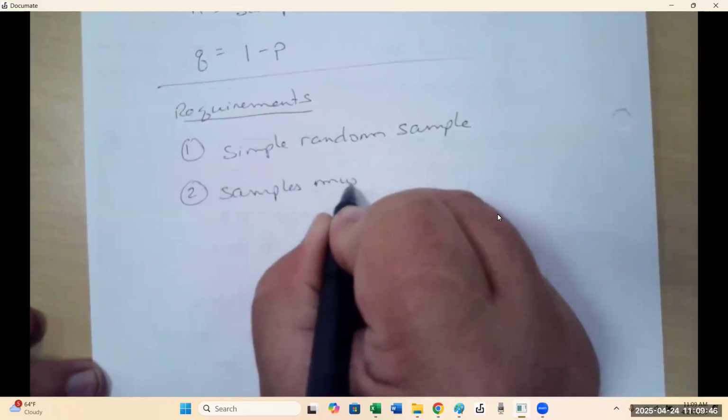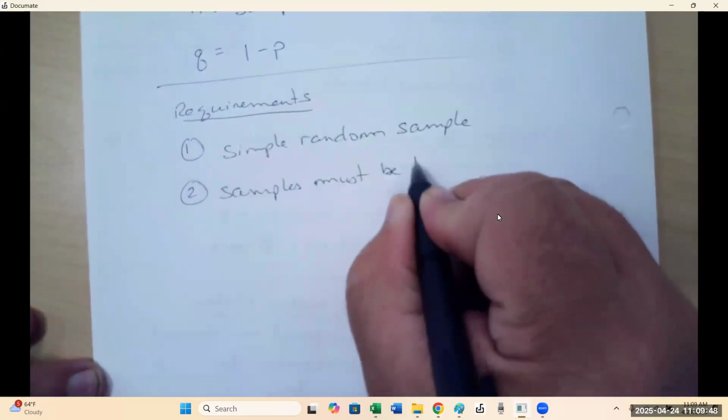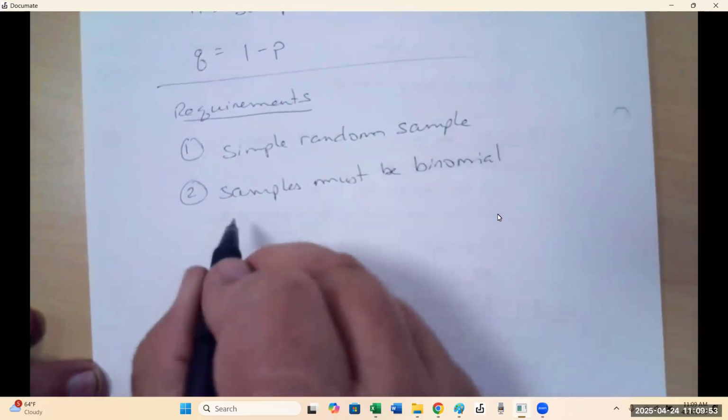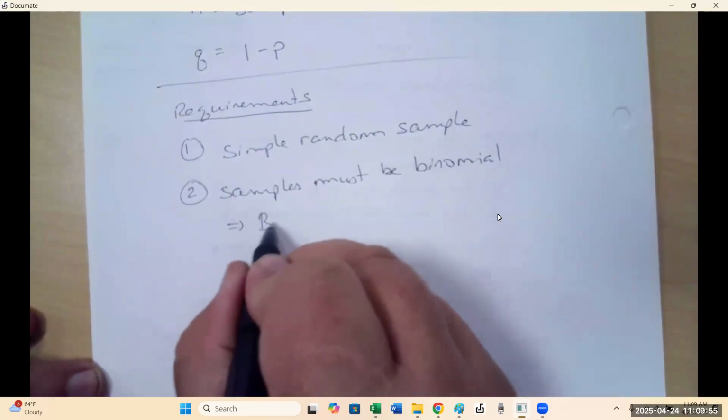Samples must be binomial, which leads us to a binomial distribution.